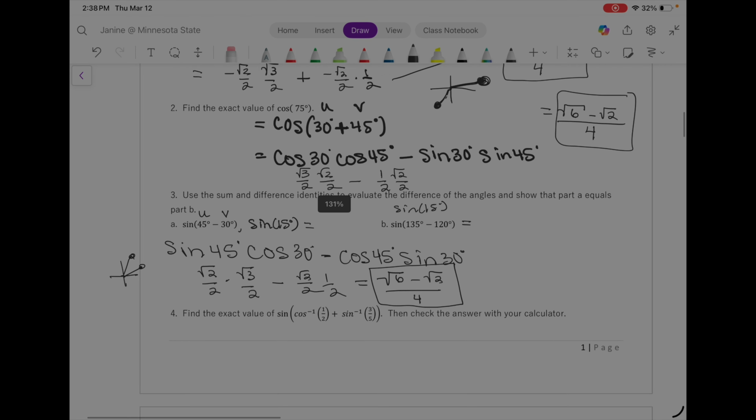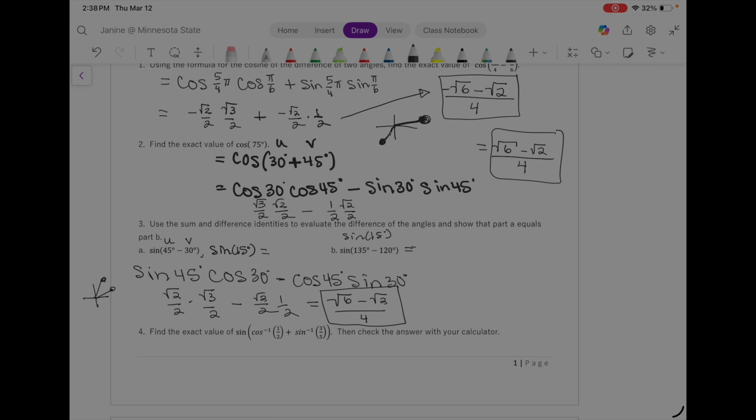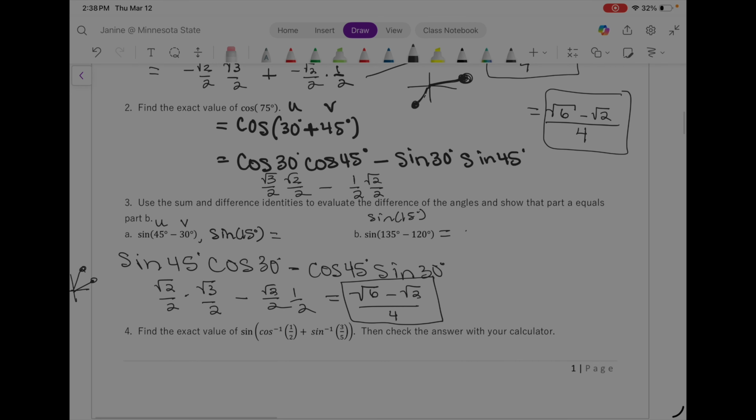So let's use the formula again. This time it's going to be sine 135, cosine second angle 120, minus cosine of first angle, sine of second angle.